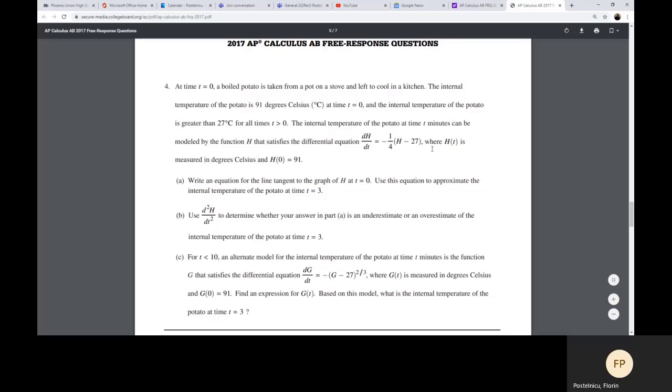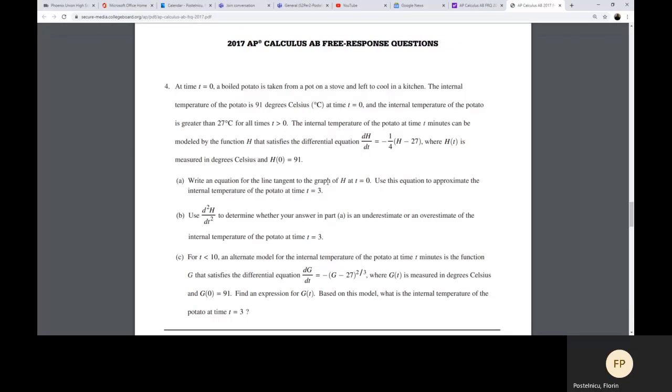And C is actually where we have to solve a differential equation. So for t greater than 0, there is an alternate model for the internal temperature of the potato at time t minutes. And the function g satisfies a differential equation, which is C. The derivative of g with respect to time is negative g minus 27 raised to 2/3, where g of t is measured in degrees Celsius as well, and g of 0 is 91.